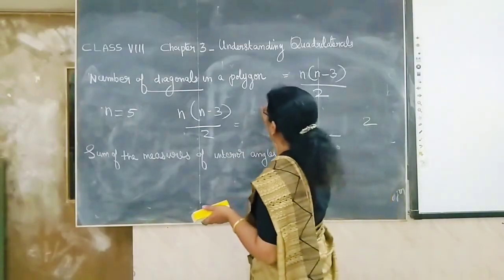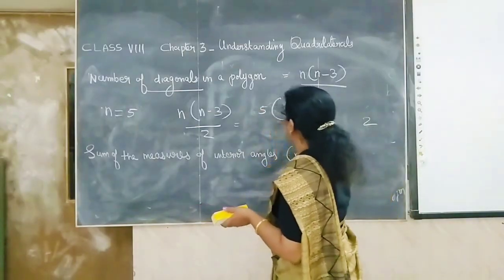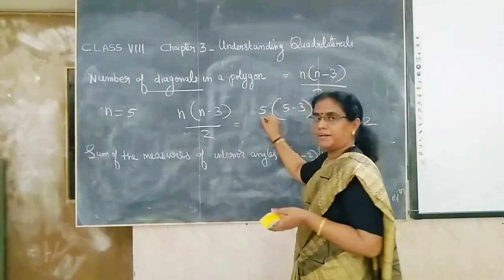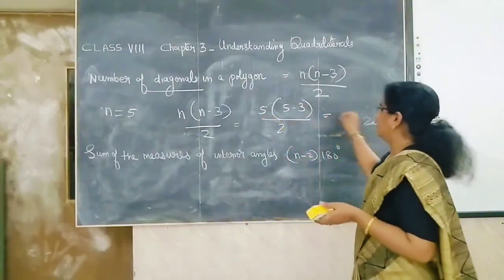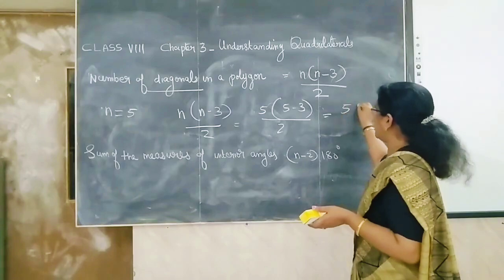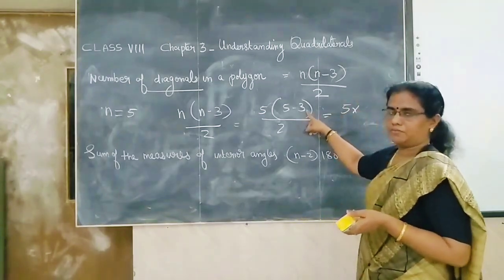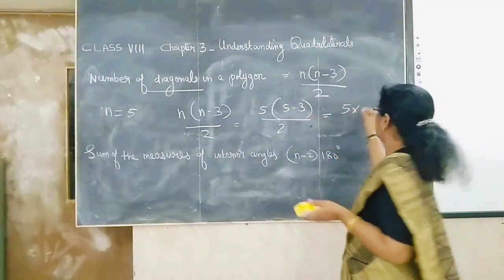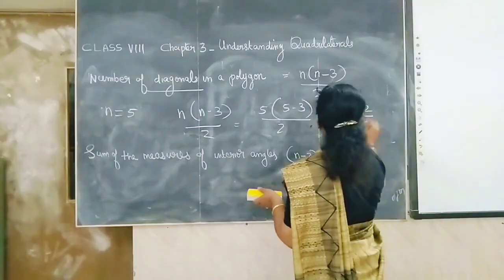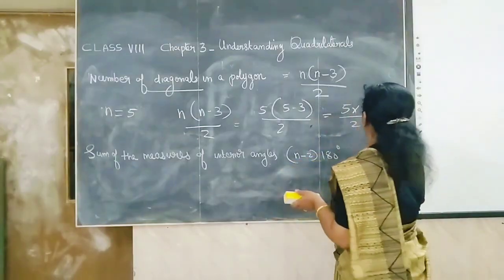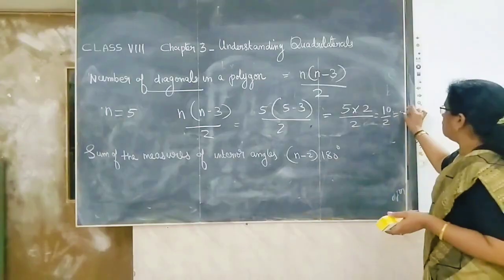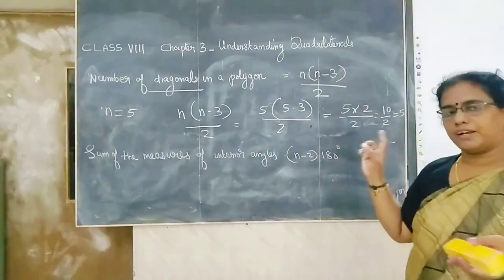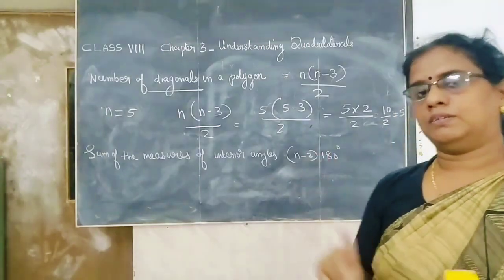So this becomes 5 into 5 minus 3 divided by 2. That is equal to 5 multiplied by 5 minus 3. 5 minus 3 is 2. That is 5 into 2 divided by 2. That is 10 divided by 2. That is equal to 5. That is a 5-sided polygon.